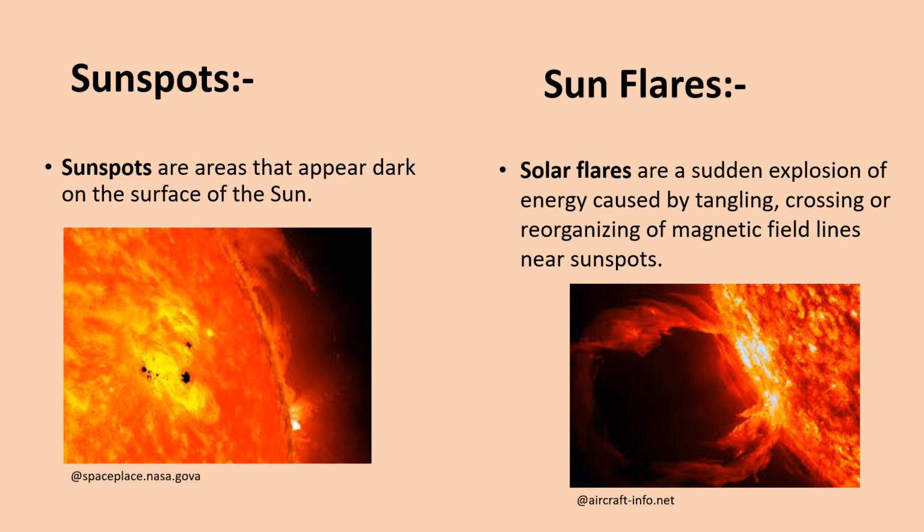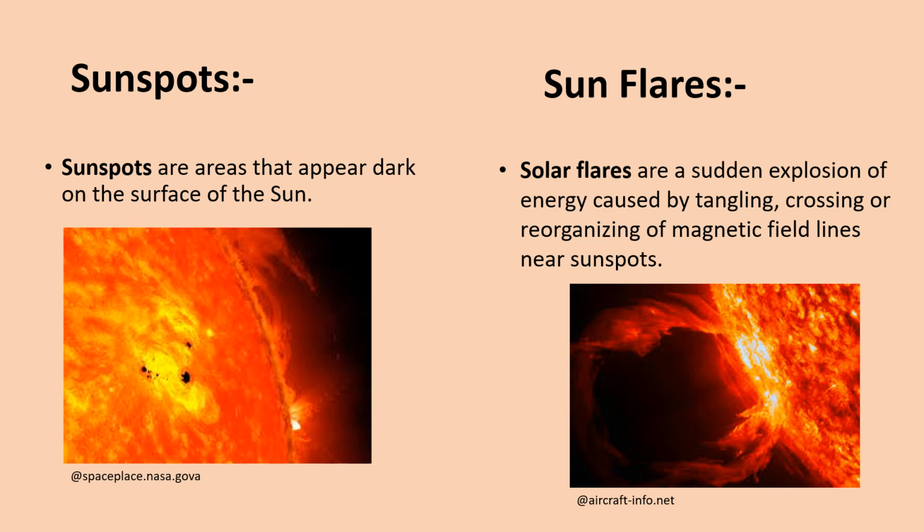Now the second event, which is the most important event on the sun's surface, is solar flares. Solar flares are caused when the magnetic fields near the sunspot often tangle, cross and reorganize themselves. This can cause a sudden explosion of energy, which is called a solar flare. A solar flare releases a lot of radiation into space.